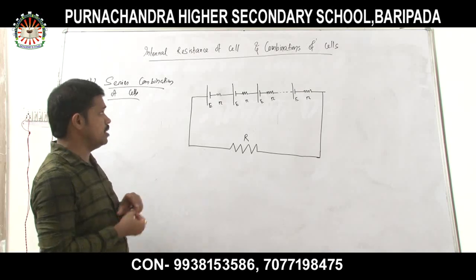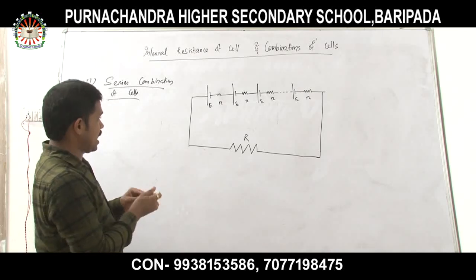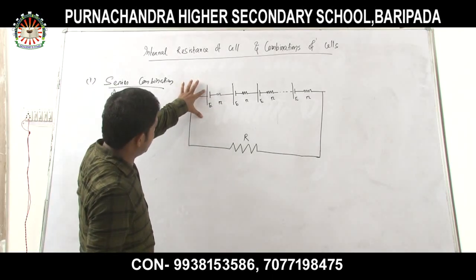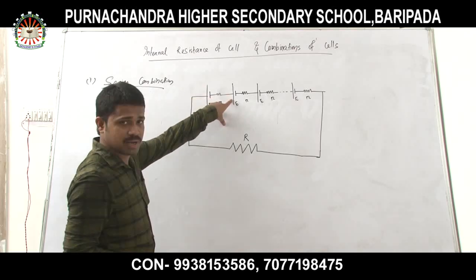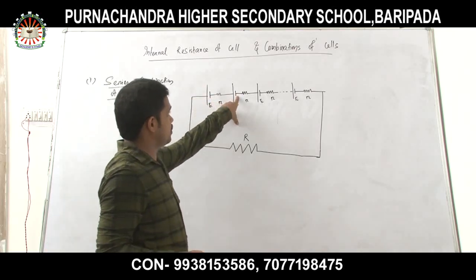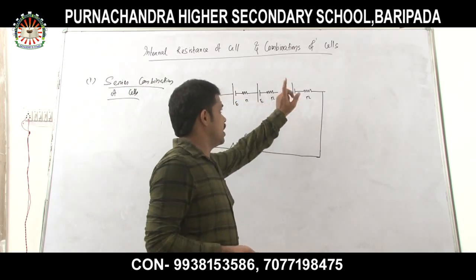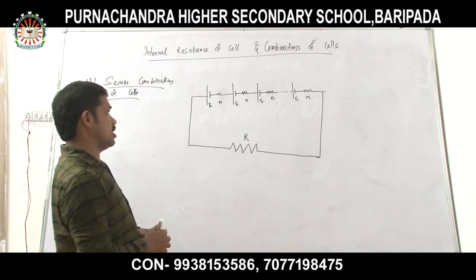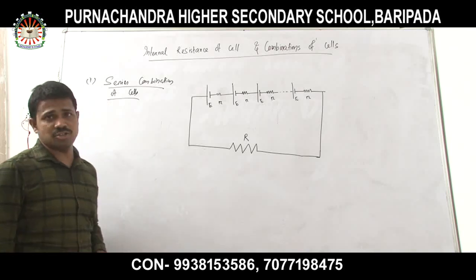Look at this very carefully. Now in this figure, look at here, this is the positive terminal, this is the negative terminal, so the negative terminal is connected to the positive terminal of another cell. Again the negative terminal is connected to the positive terminal of another cell. Again positive is connected to negative and negative connected to positive. So this type of connection is called a series connection of the cells.